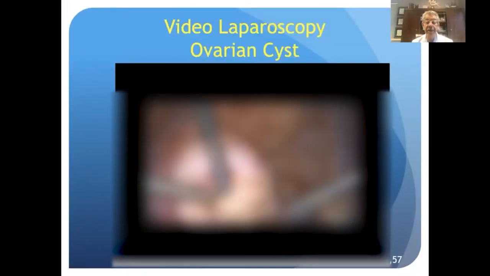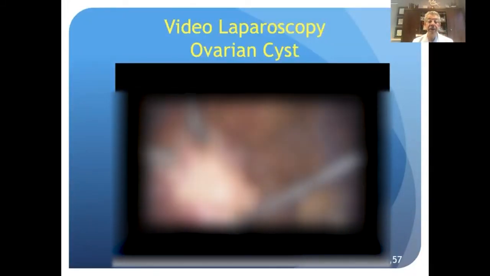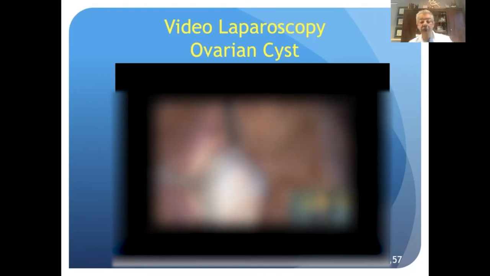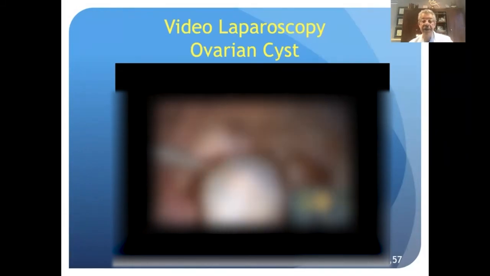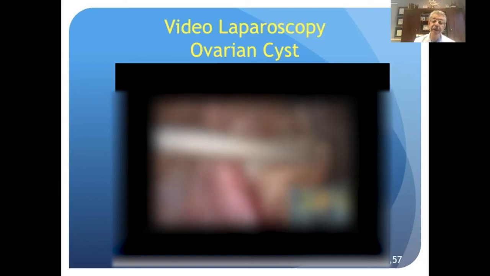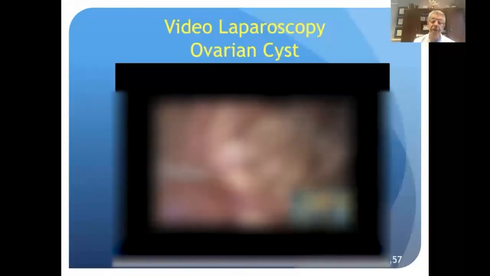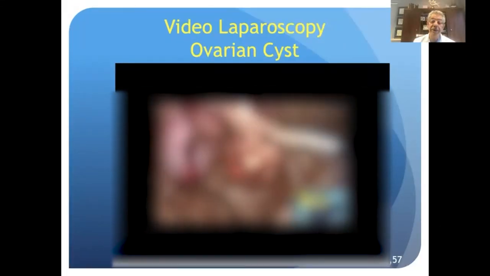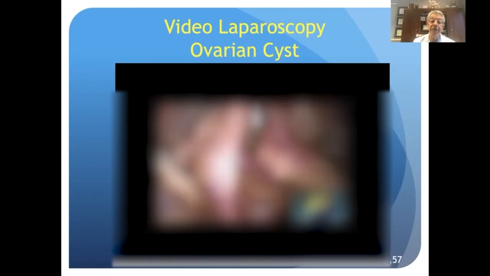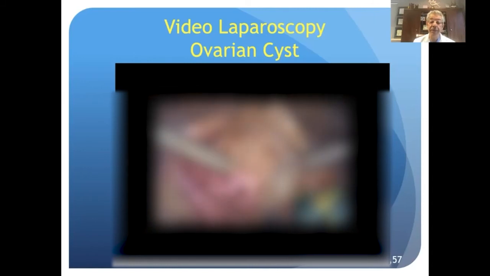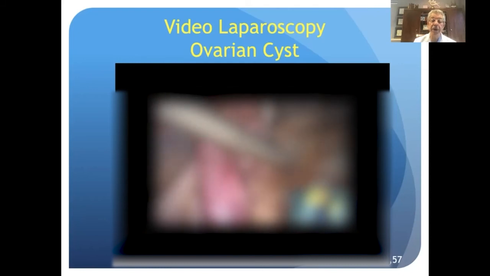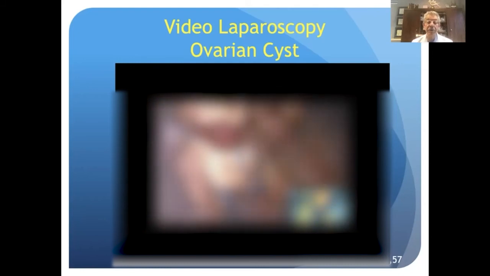The rest of it, as I mentioned, there is a large part of the cyst which frees and shells out easily, but then the fibrotic part, which is more severely adhered, is the part that either could be cut with scissors or I use CO2 laser.